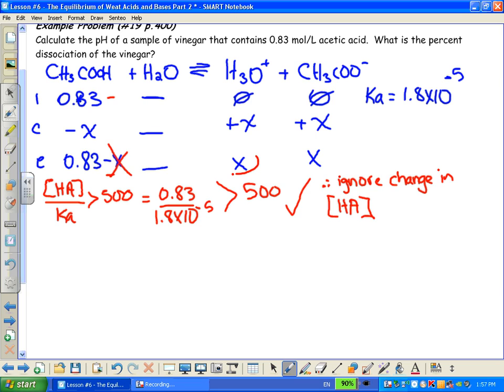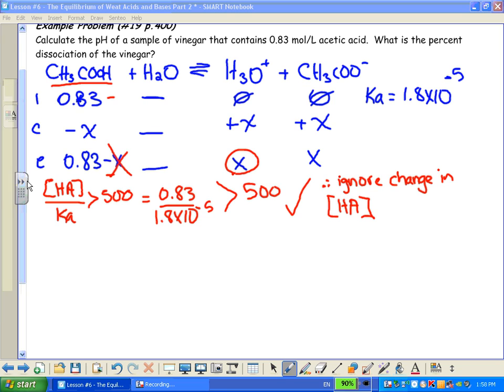We can't cross out these x's though, because we need to find those values. It started at 0. We want to know what that change was in order to get to the equilibrium for H3O+ and CH3COO−. Okay, so when it's greater than 500, you can only cross off the x that is part of the initial acid.